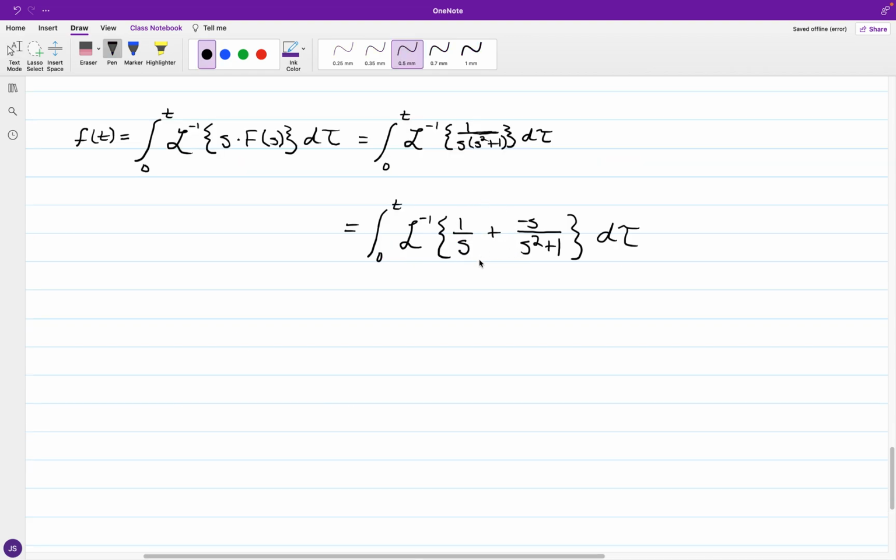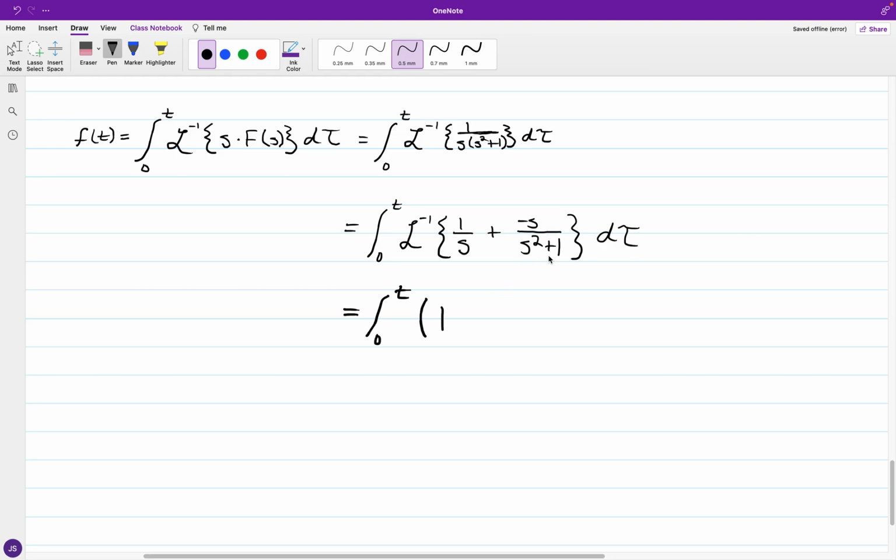Taking what we have with the partial fractions and integrating, tau is going to be the variable of integration. Now we can itemize the terms and work with the individual Laplace transform items, but we can go ahead and do it in one sweep. For 1 over s, the inverse Laplace transform is going to be 1.